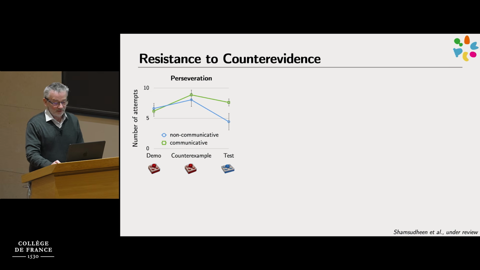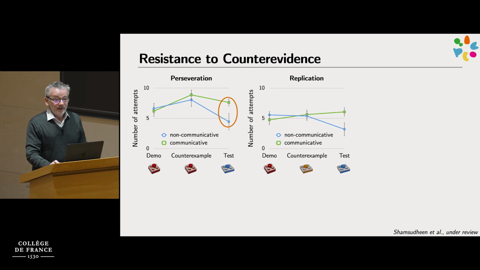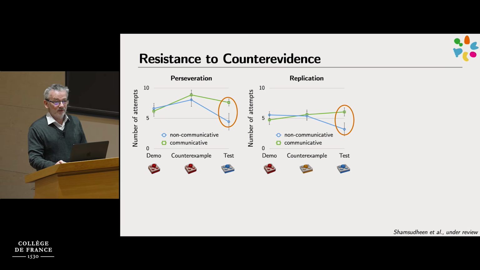So practically they don't learn anything from the negative experience. And we replicated this in a different group, same infants, practically finding the same results. In a non-communicative demonstration, they learn from the negative experience.